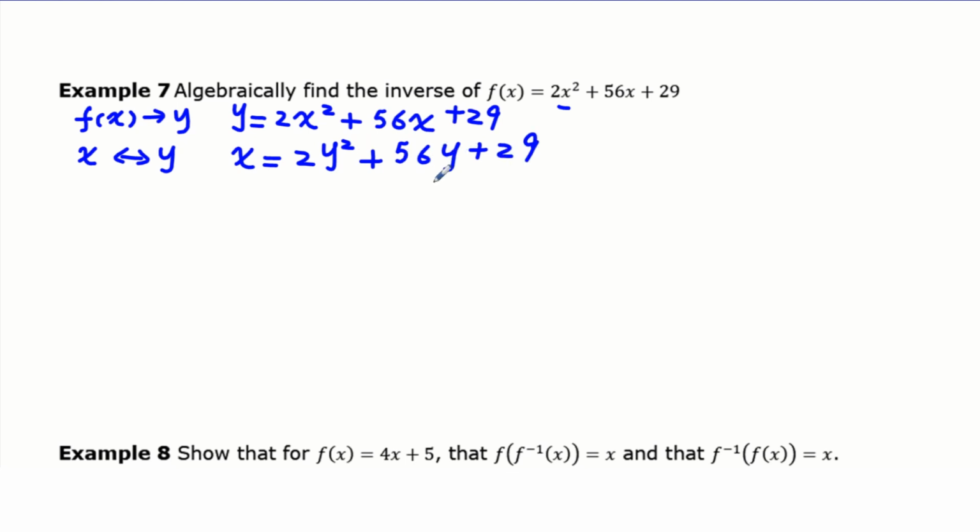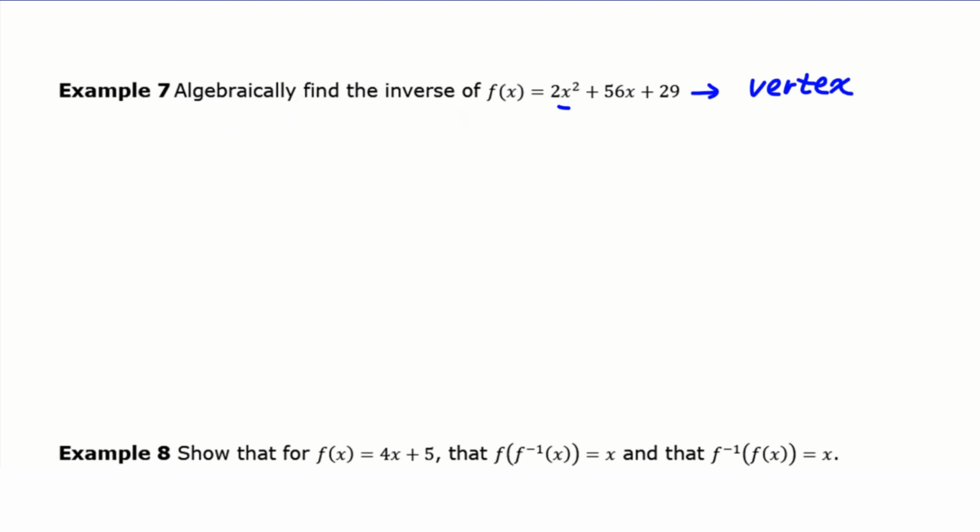You have y squared and y, you have two y terms. We could convert this one to vertex form. In vertex form, you will see there is only one x term. So another way is we convert this one to vertex form first, because with x it's easier for us to manipulate this equation.